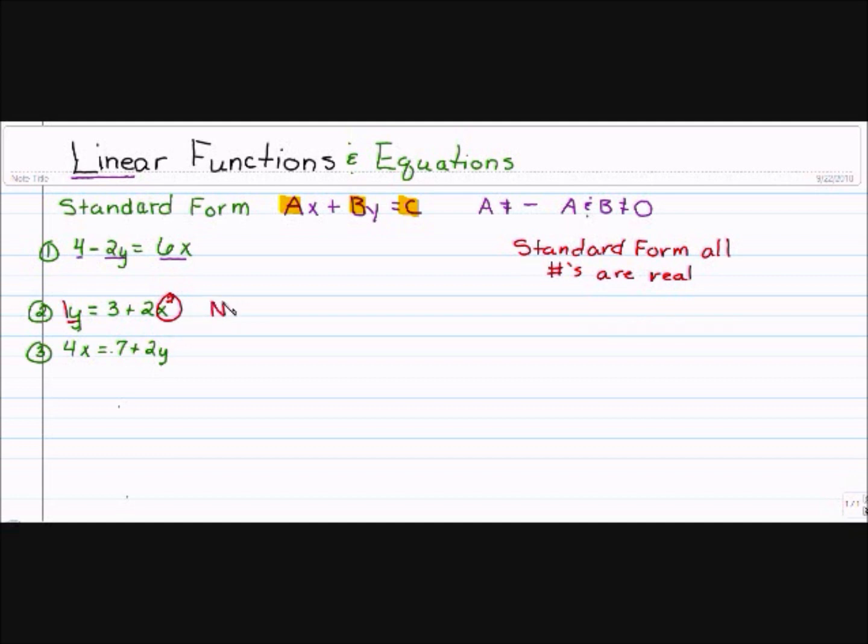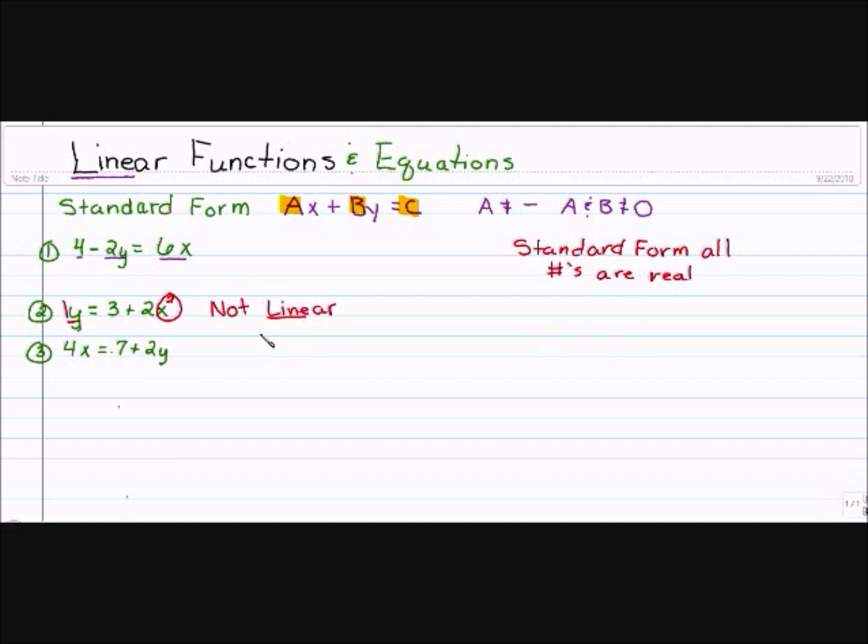So right off the bat, we know this is not linear. And you don't have to do anything with it. It's just not linear. The reason it's not linear is because this 2, when we take a look at graphing later on, will make the line curve. And we're looking for equations that only graph a line.